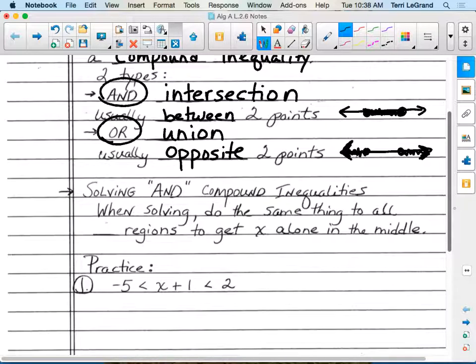Now let's put this into something from real life so we can get an idea of what we mean by intersection and union. Let's say you're under your parents' roof and they make the rules and tell you what you do and don't need to do. Whoever is in charge of you gets to call the shots.